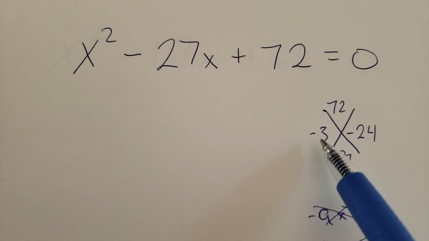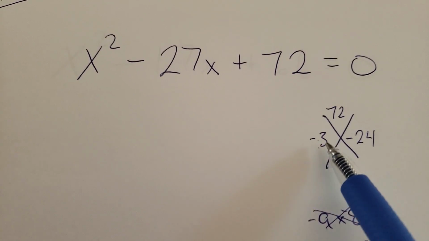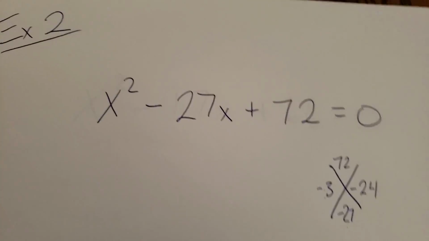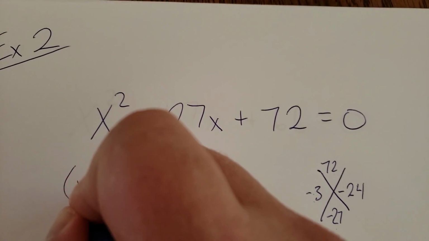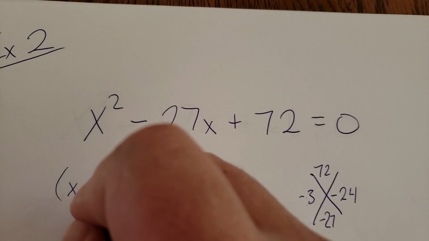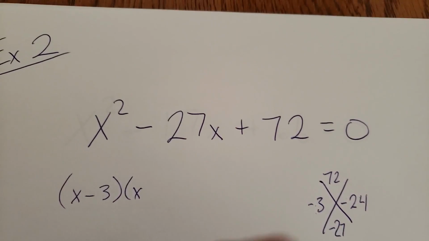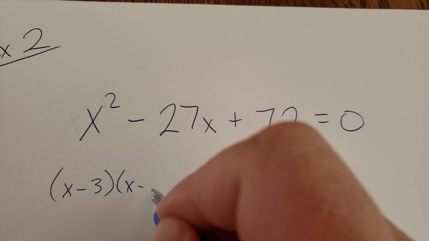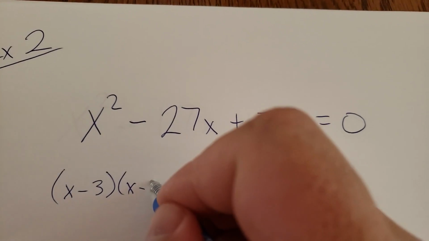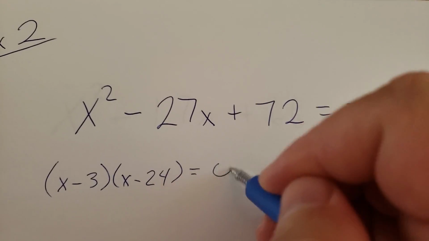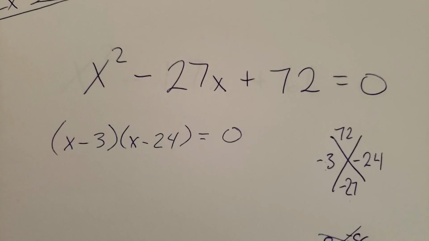And if I look, negative times negative makes positive 72, negative 3 plus negative 24 makes negative 27. So not one of the more common ways of making 72, but if we know our division rules, we can figure that out because we know that if something can be divided by 9 and 6, we can definitely divide it by 3. So this turns into x minus 3 times x minus 24 equals 0.